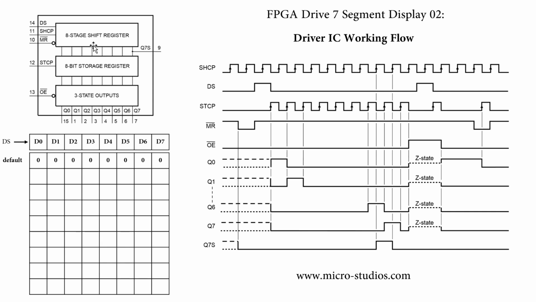The data in the shift register is all 0 by default. At this moment the register data is all 0, and this is the first data 0, and this is the last data 7. The data 7 will be here, the data 0 will be here.